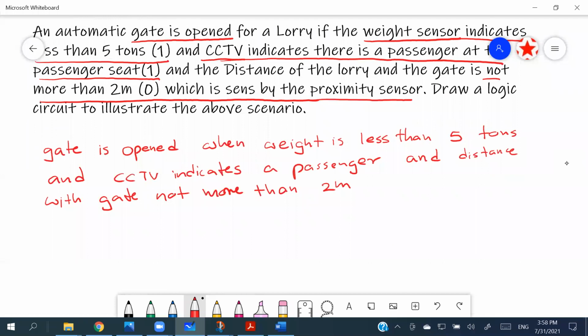So we can limit the scenario to this particular thing.